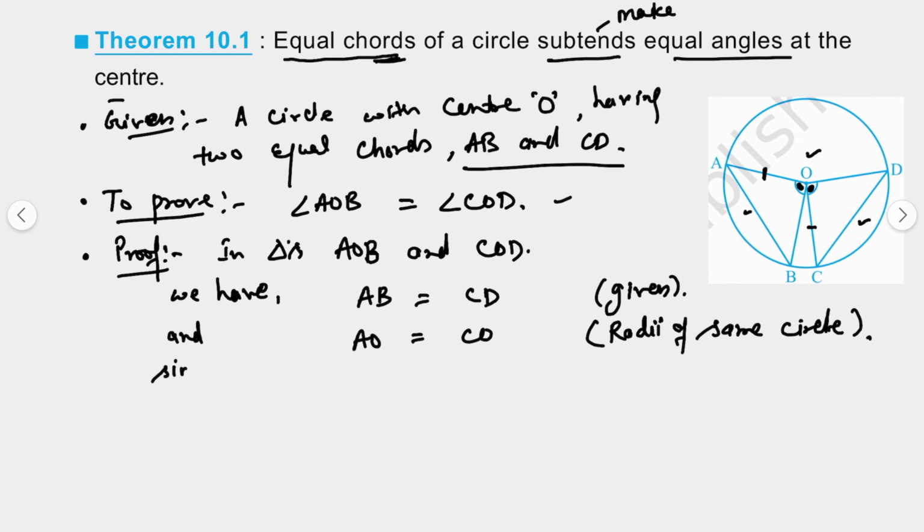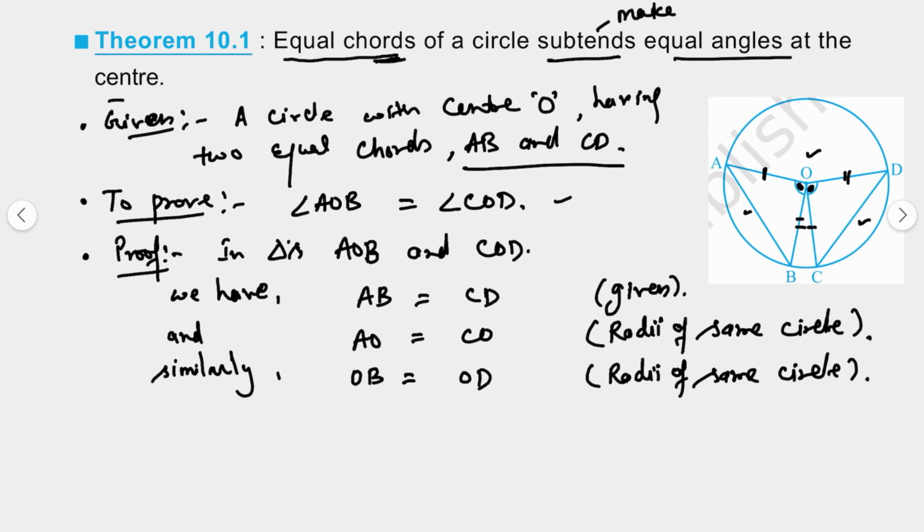And similarly, the other two sides, OB and OD, will also be equal. That is, OB is equal to OD. Again, the reason is the same, they are the radii of the same circle.